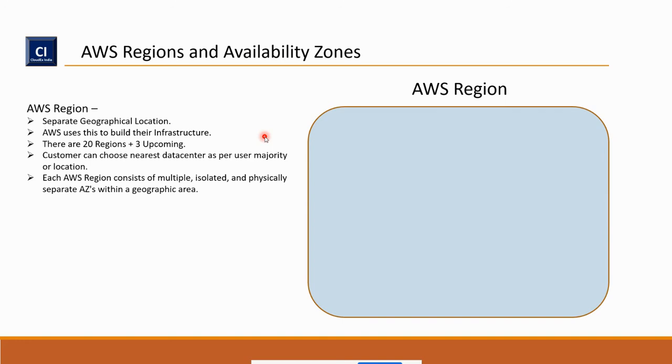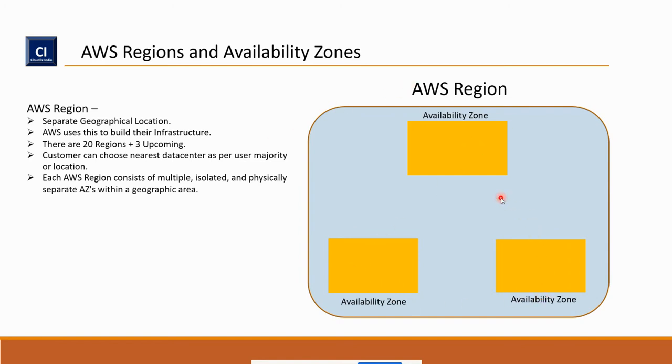There is around 100 kilometer distance from one AZ to another. So an AWS region is a group of multiple isolated physical availability zones within a geographical area. You can see this in the picture: this is availability zone 1, this is 2, and this is 3.